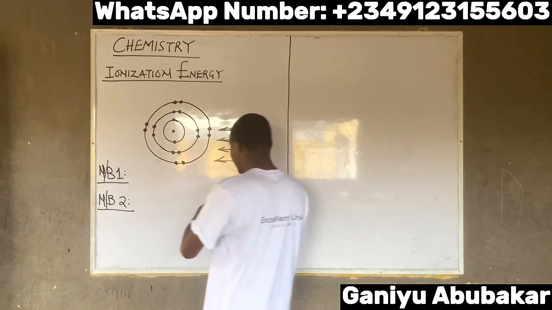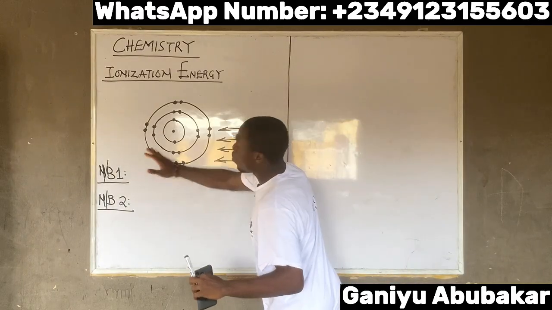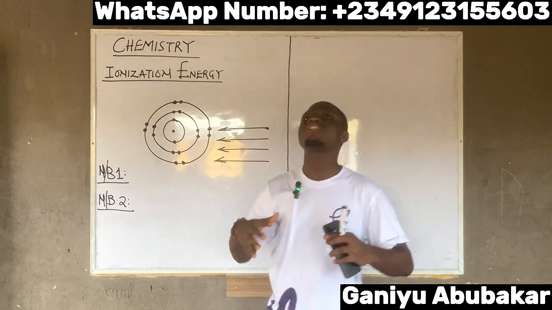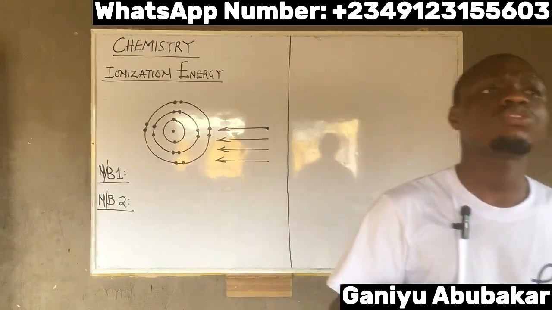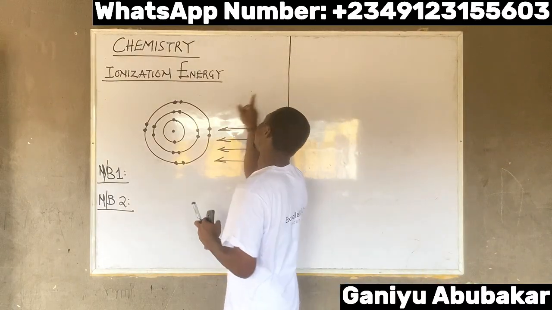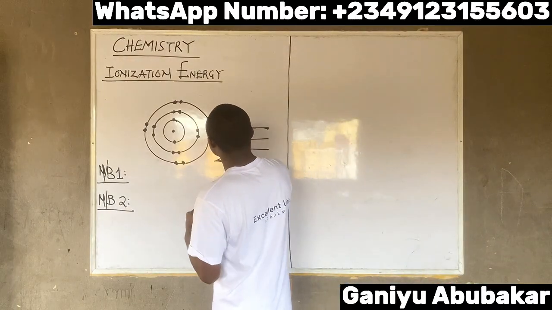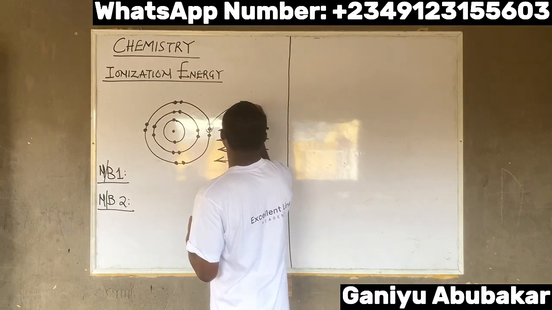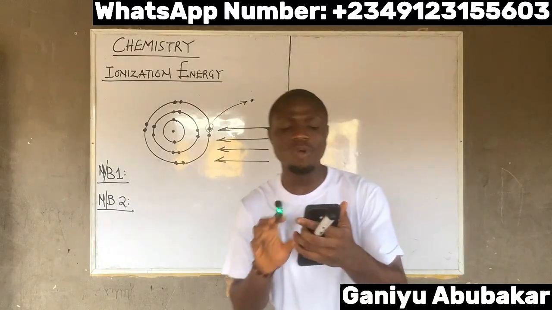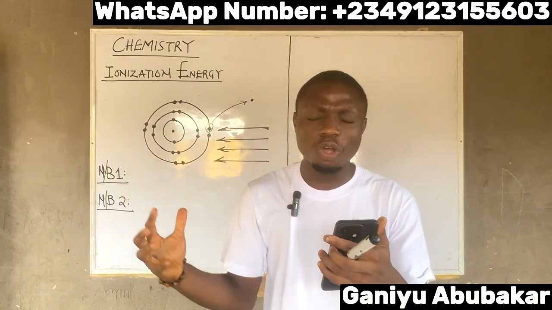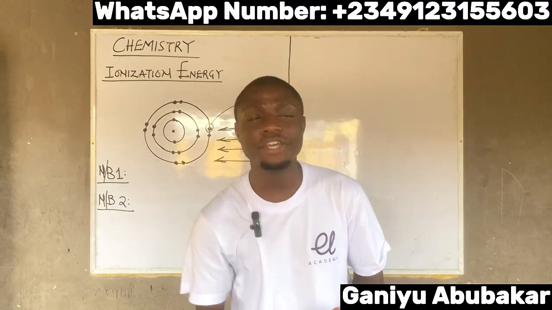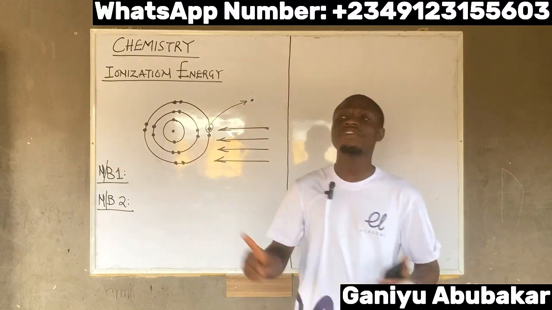And if the energy I apply is powerful enough, it can kick an electron away. It can remove an electron from this atom. So I'm saying that when an atom absorbs sufficient energy, an electron can be completely removed.